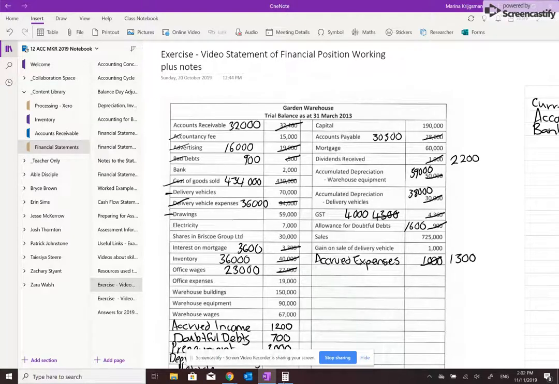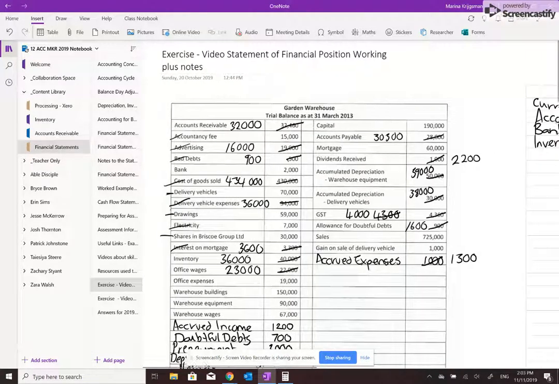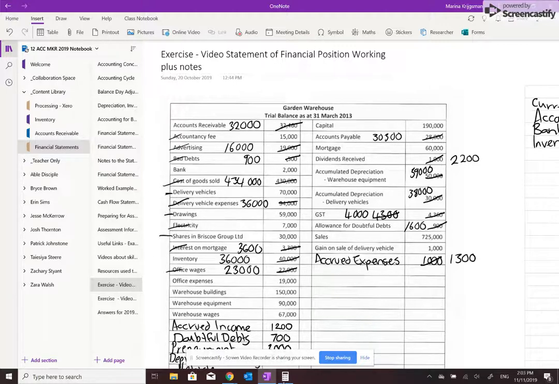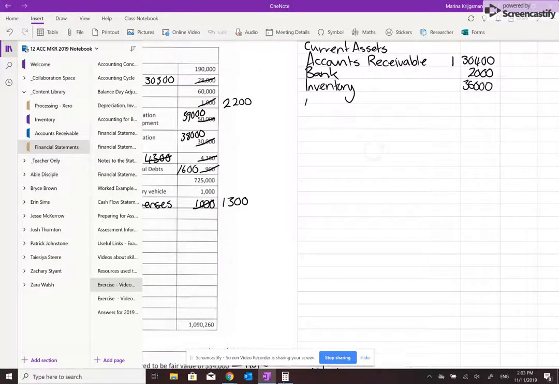Drawings we're going to deal with later. Electricity, an expense. Inventory is our next one, 36,000. Office wages and office expenses are expenses. Warehouse buildings and warehouse equipment we're going to deal with later. Warehouse wages is an expense, but we're going to bring in accrued income, which is a current asset.